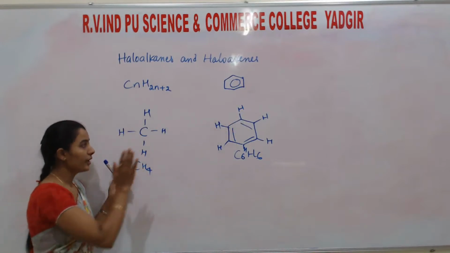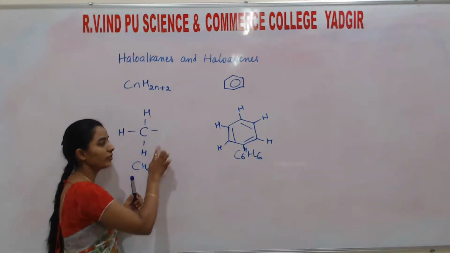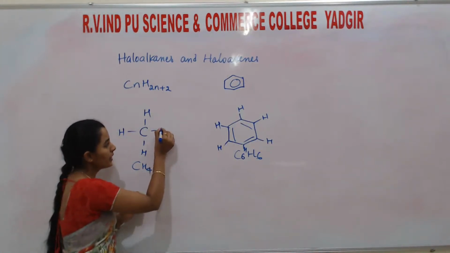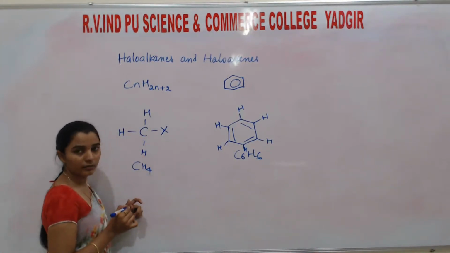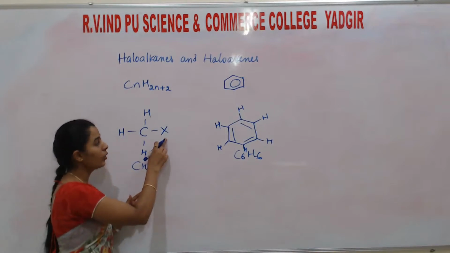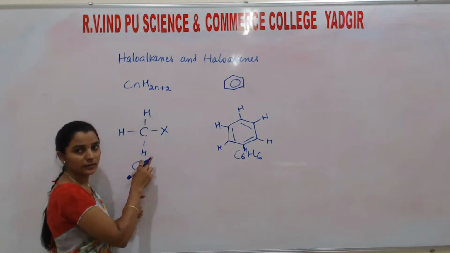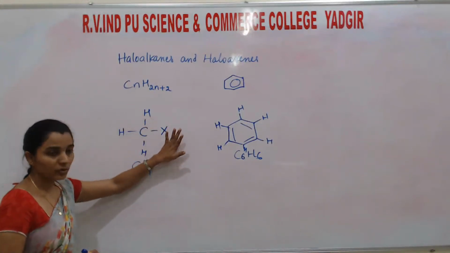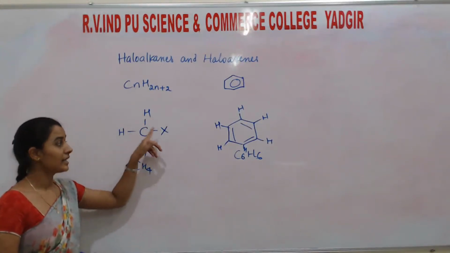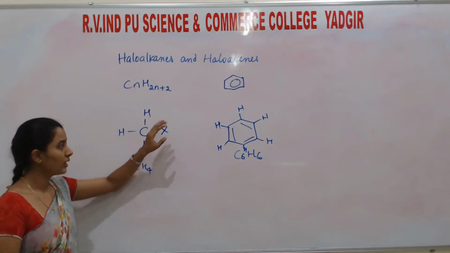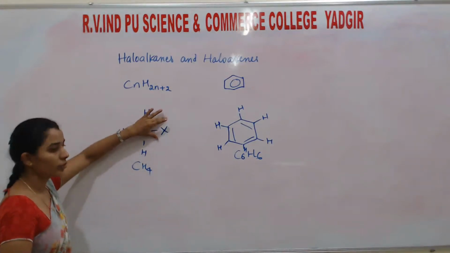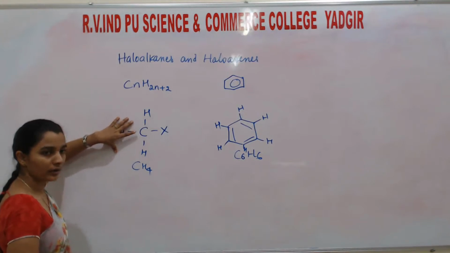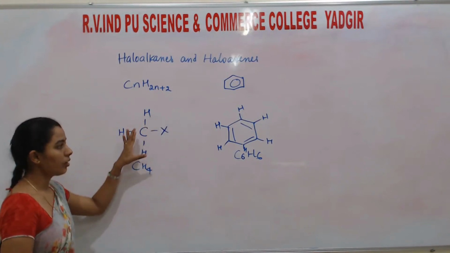Okay? So if any one of the hydrogens from an alkane is replaced by a halogen atom, then they are called haloalkanes. Understand? So here the hydrogen of an alkane is replaced by the halogen atom, then it is the derivative of halogen with respect to alkane. Okay, this is haloalkane.